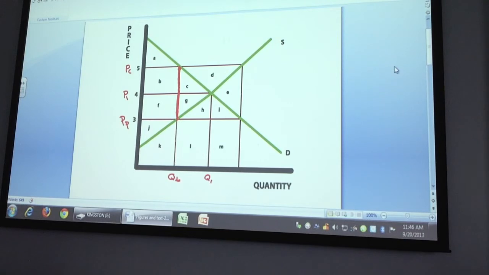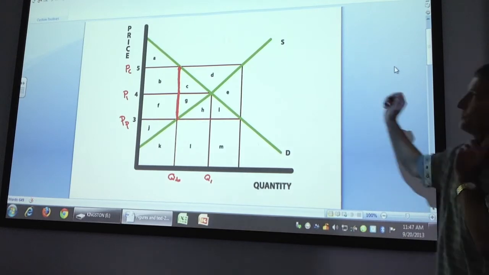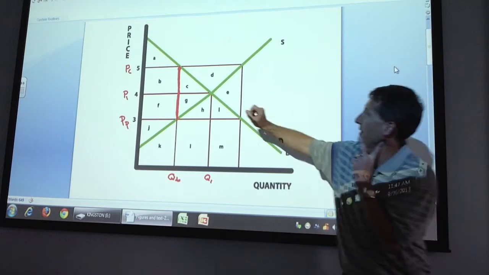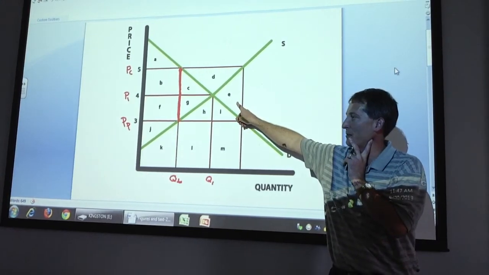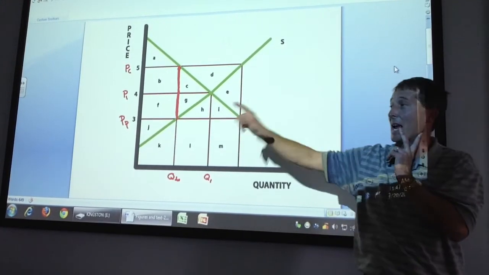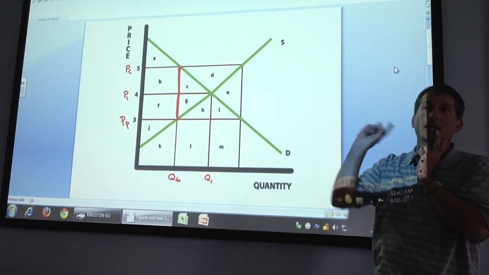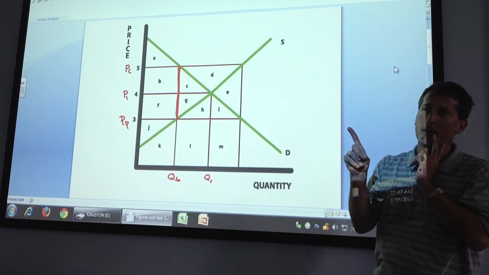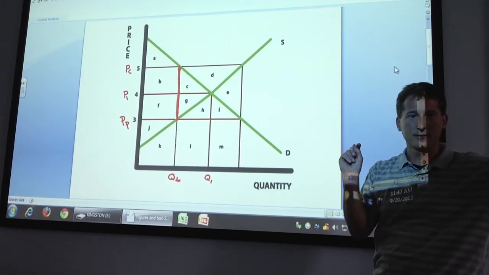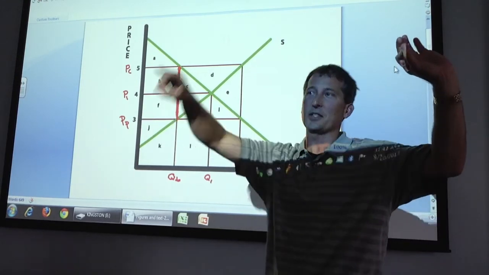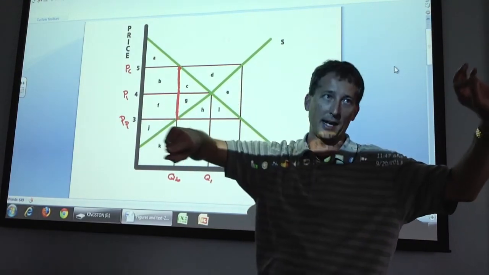What is the new consumer surplus after the tax? A and B? Definition of consumer surplus: difference between what and what? What people are willing to pay versus what they pay.